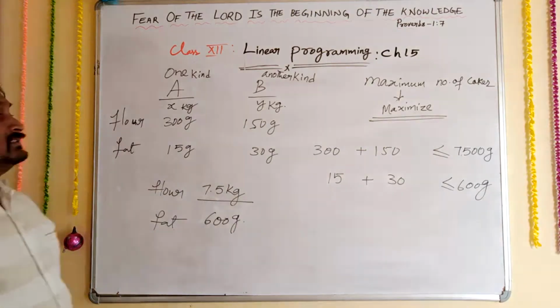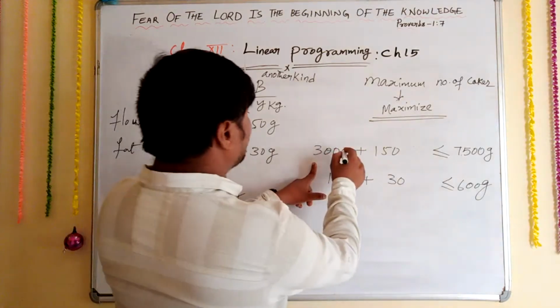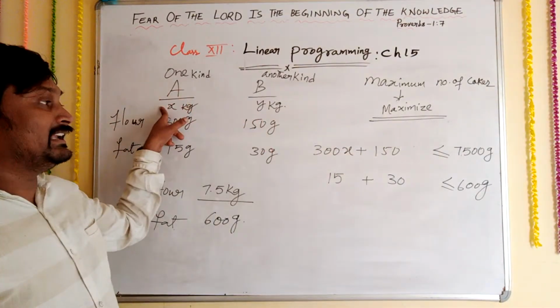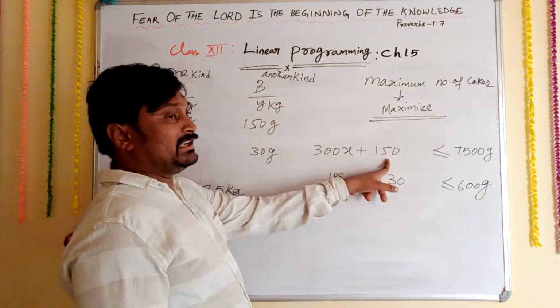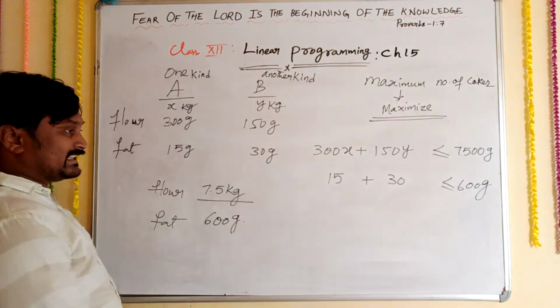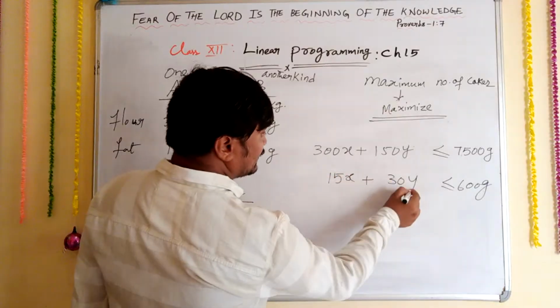Then 300 grams of the A cake and 150 grams of the B cake, that is nothing but 1. And the same method here, 15x 13.